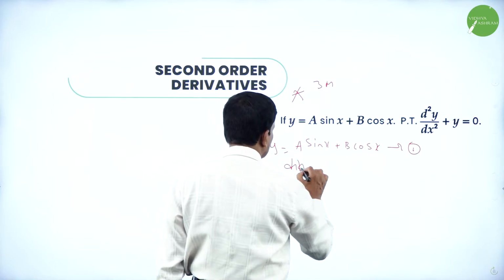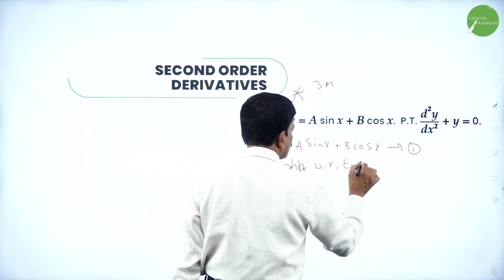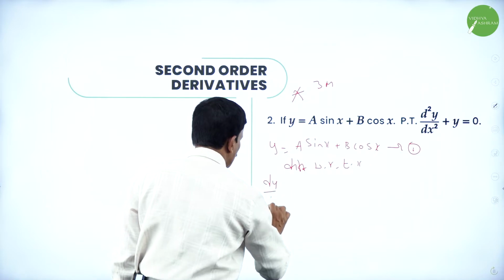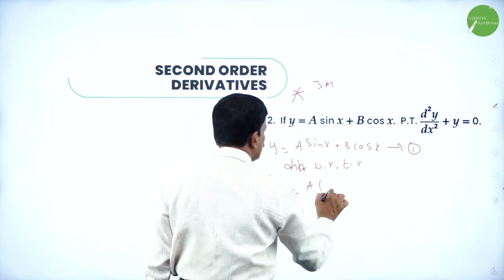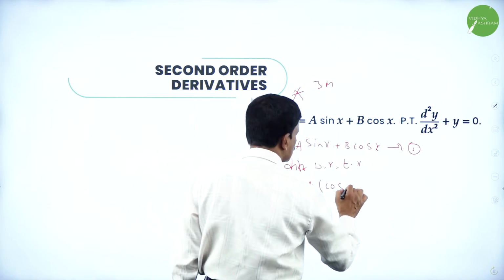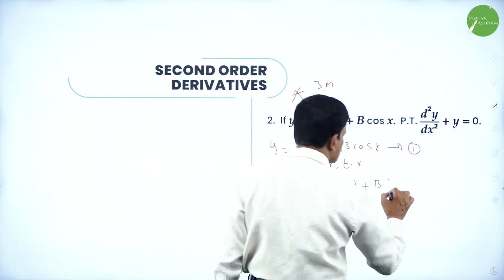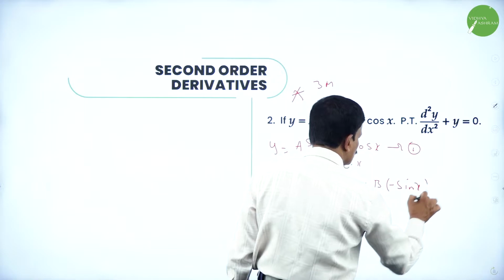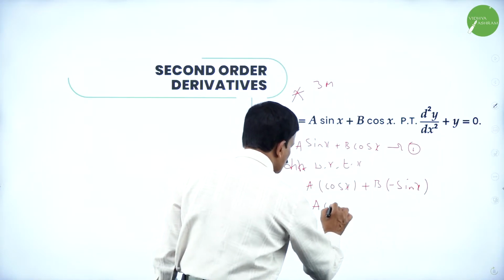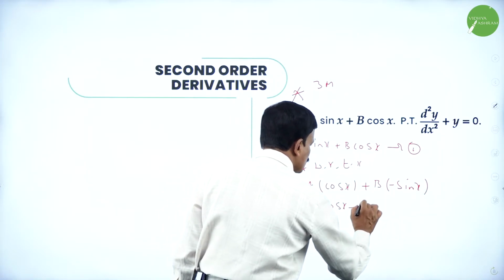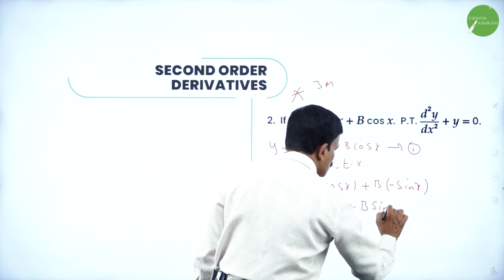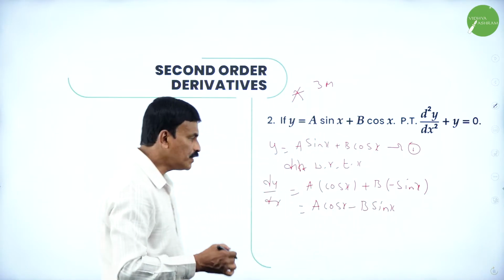Differentiating with respect to x, what you will get? dy by dx is equal to a into differentiation of sin x, which is cos x, plus b into differentiation of cos x, which is minus sin x. So this can be written as a cos x minus b sin x. Okay, now differentiate this again.